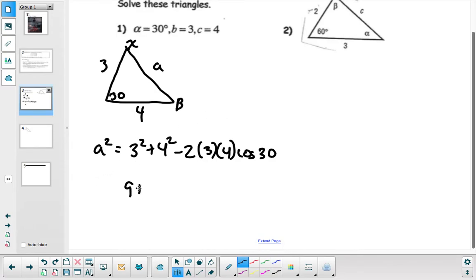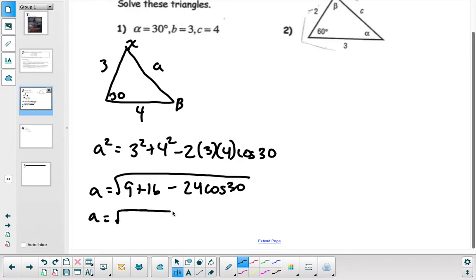That's 9, 16, 2 times 3 times 4 is 24, cosine 30, and we're taking the square root of this. Really, you're going to be using a calculator on this, but I'm going to simplify it a little bit more. 9 plus 16 is 25.